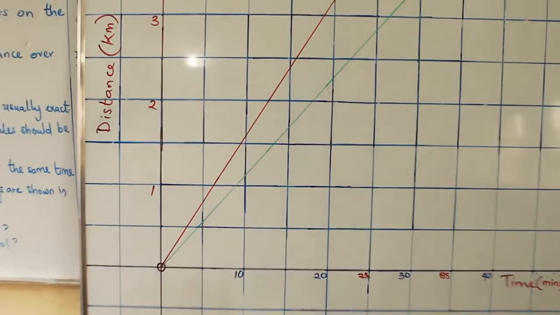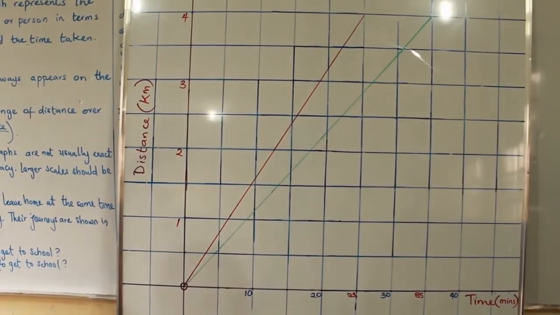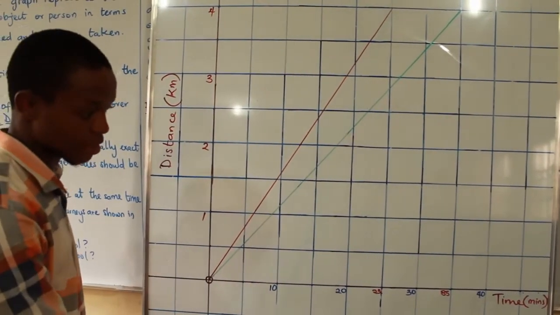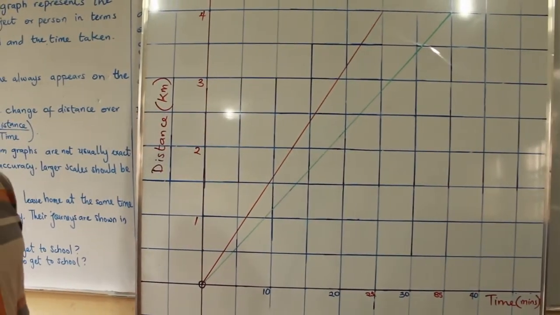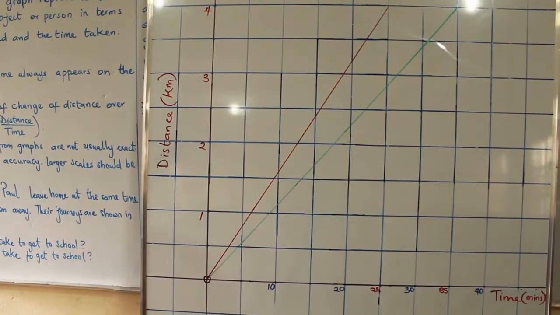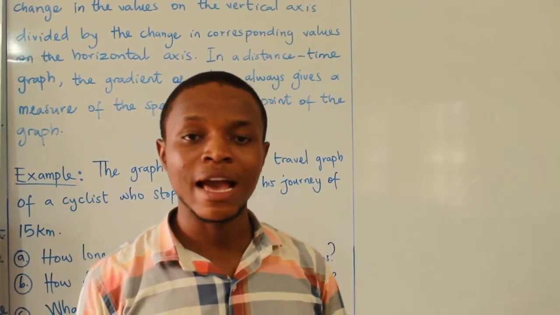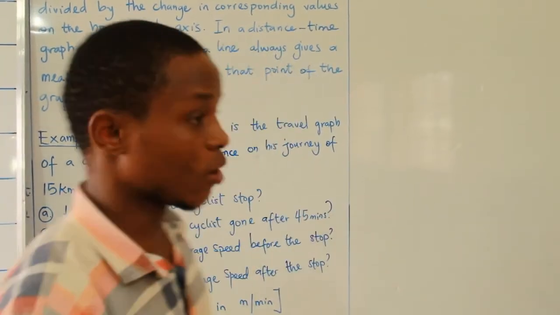Okay, now I want us to look at something else that will help us calculate the average speed it might have taken them to get to school, and that is gradient. What is gradient?